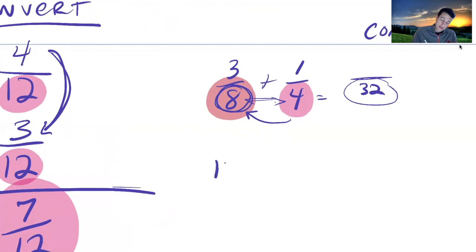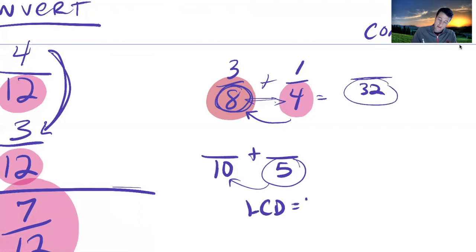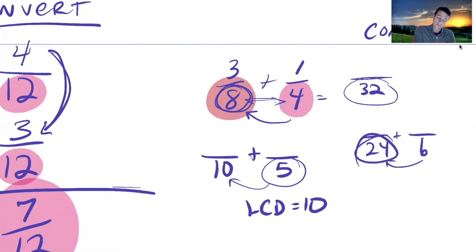So if I had 10 as a denominator and 5, we're not even going to worry about the numerators. 5 can go into 10 twice, so my LCD is 10. If I had 6 and let's just say 24, well, I know 6 can go into 24, so 24 is my LCD.